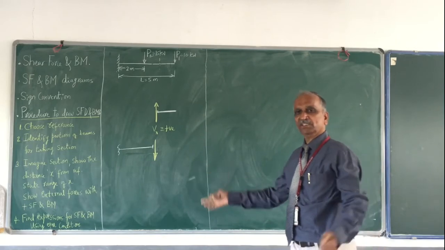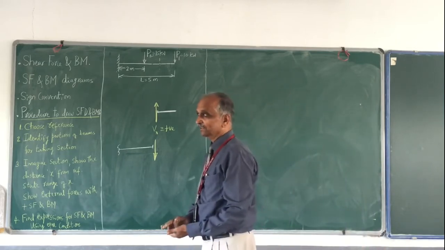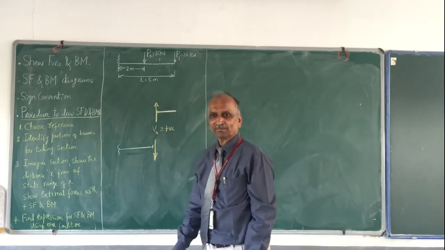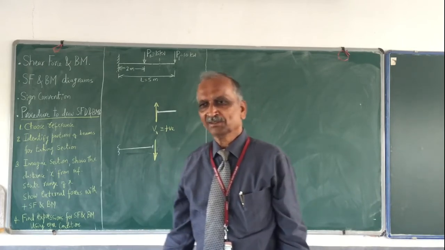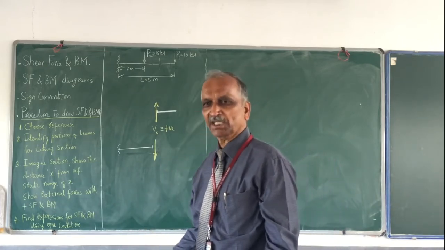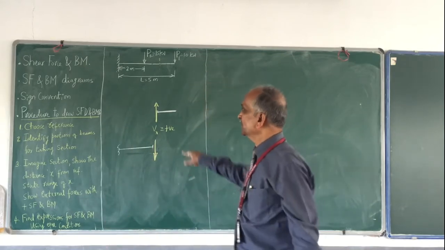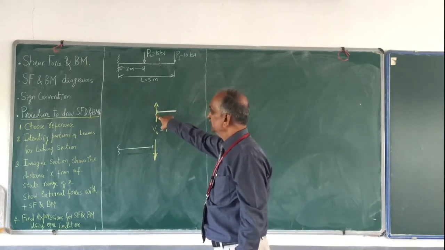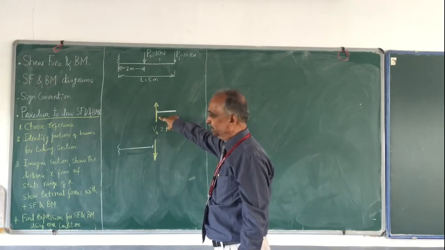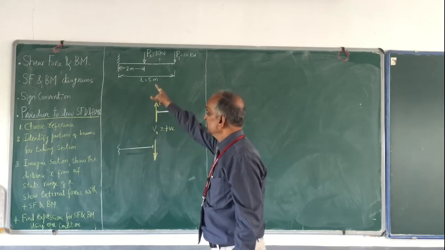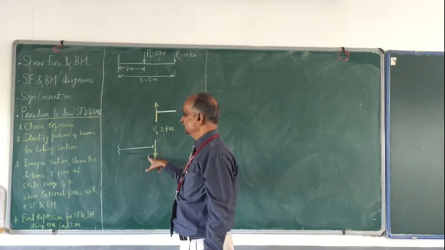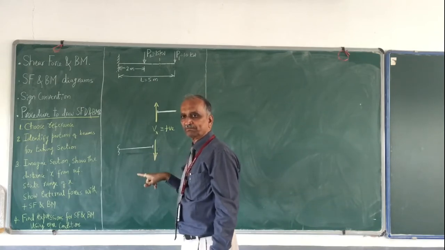I shall be explaining it again and again. So you take a section, and for your convenience you take either the right hand side portion or the left hand side portion. If I take the right hand side portion, then this is my positive shear force. If I take the left hand side portion, then this is my positive shear force.